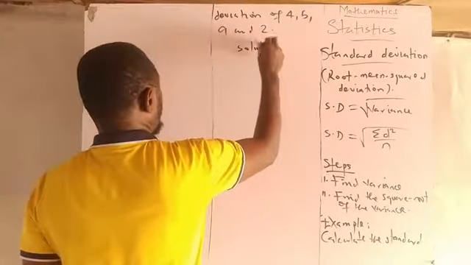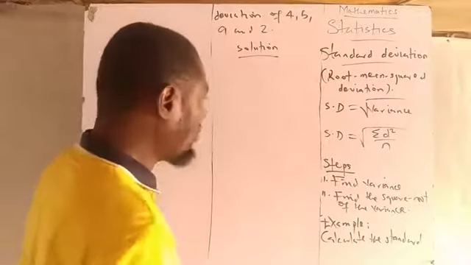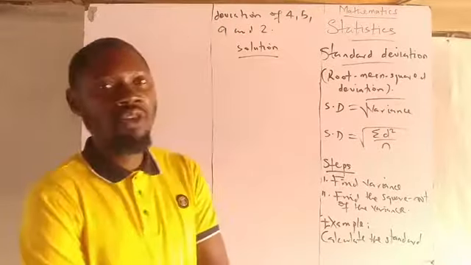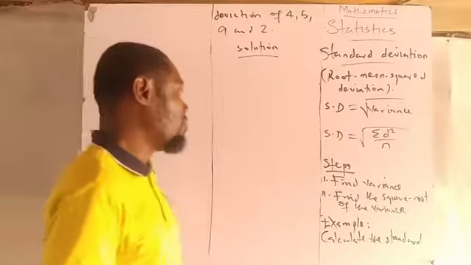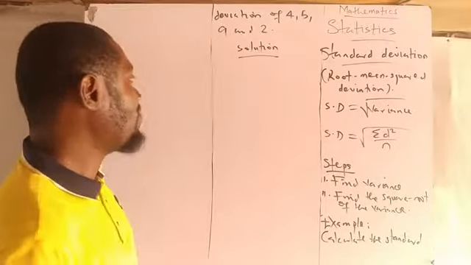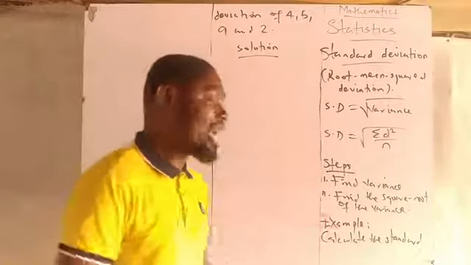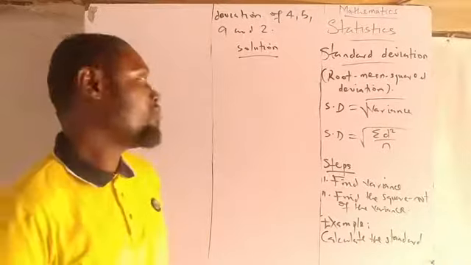I've already tutored you on how to find deviation. I've shown you how to find variance also. So we're going to apply that here. Remember, you cannot find the variance without looking for the mean of the distribution.